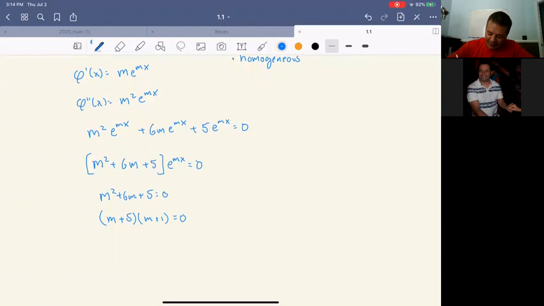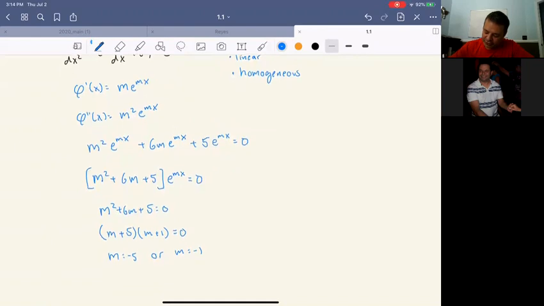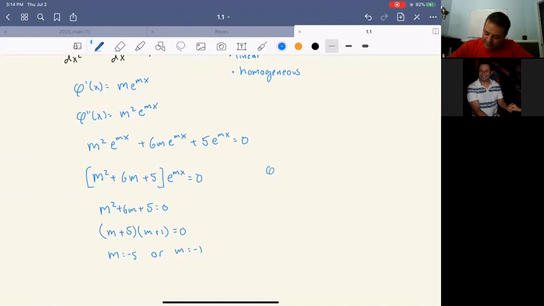So m equals -5 or m equals -1. So our solutions are phi of x equals e to the -5x, or phi of x equals e to the -x.